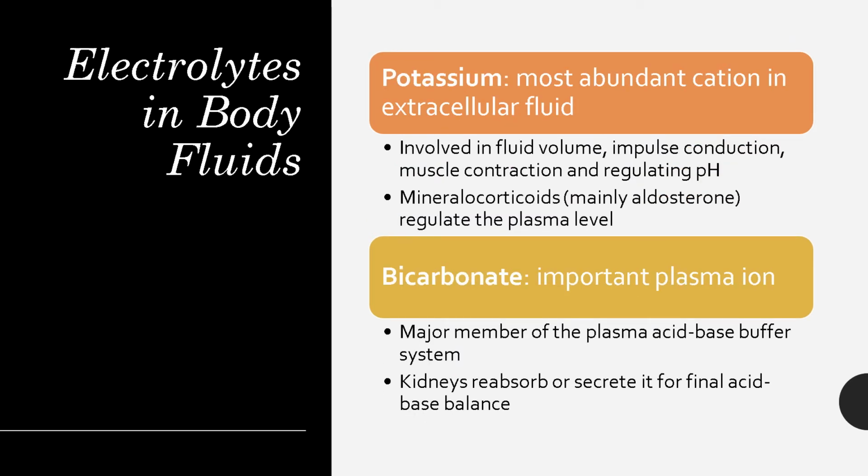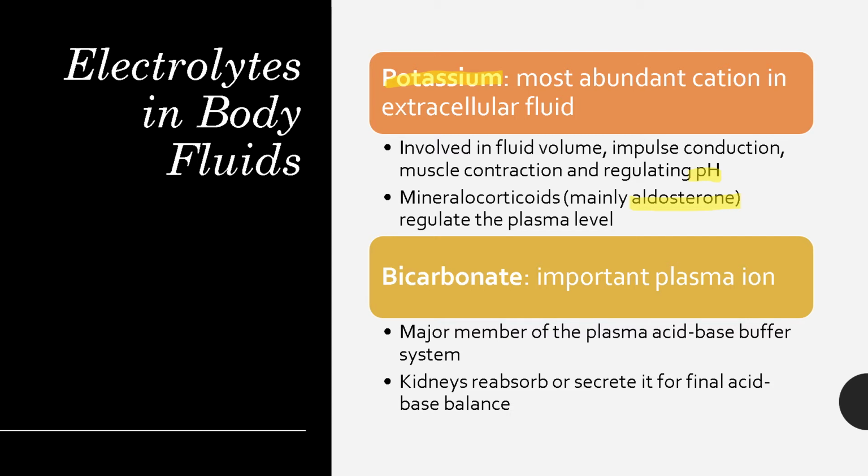Next, we have potassium. This is going to be the most abundant cation in intracellular fluid. It's also involved in action potentials, in fluid volume regulation, also in muscle contractions, and also in regulating pH. Mineralocorticoids regulate plasma levels of potassium, so this is going to be mainly aldosterone.